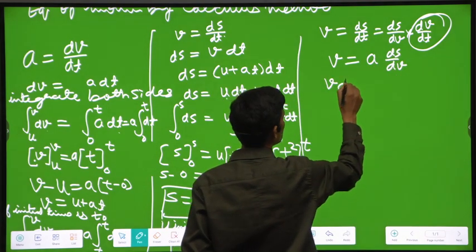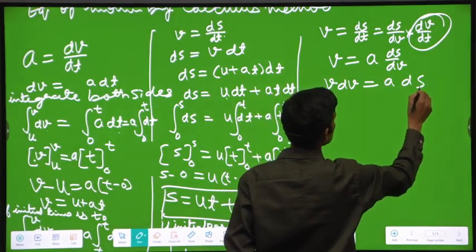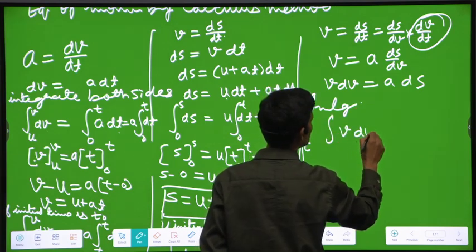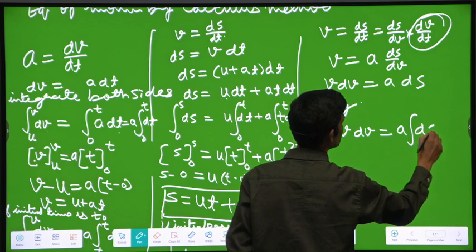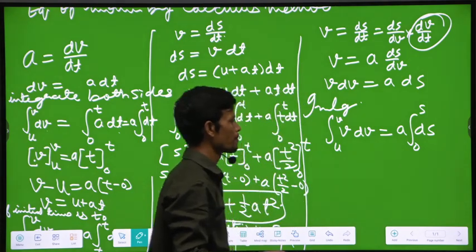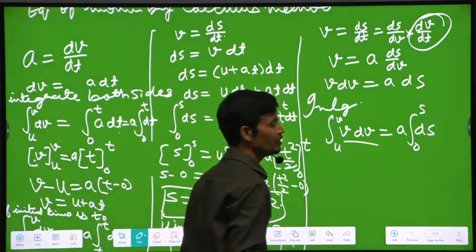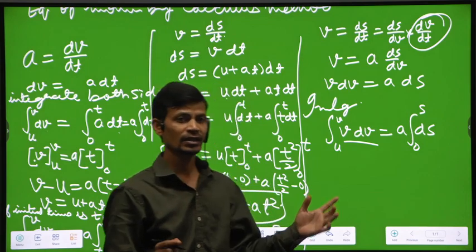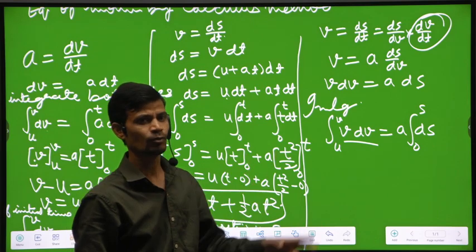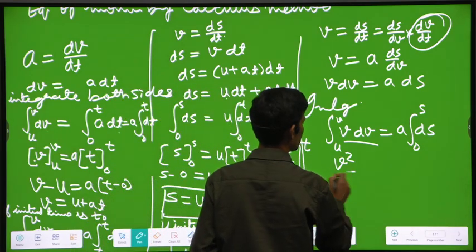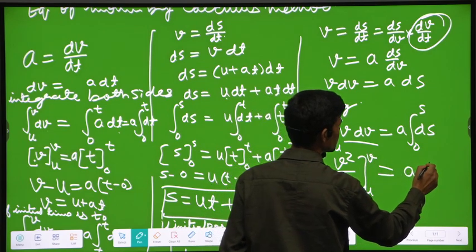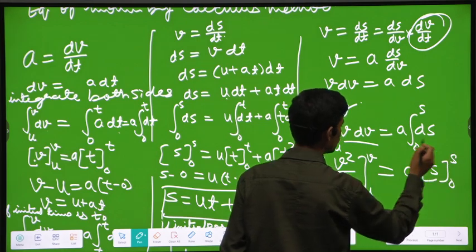Cross multiply: v dv is equal to a ds, with limits u to v. So v dv, again the formula for t to the power n dt, just replace that t by v, so it will be v square by 2, limit of integration u to v, and here it is quite easy, s, limit of integration 0 to s.